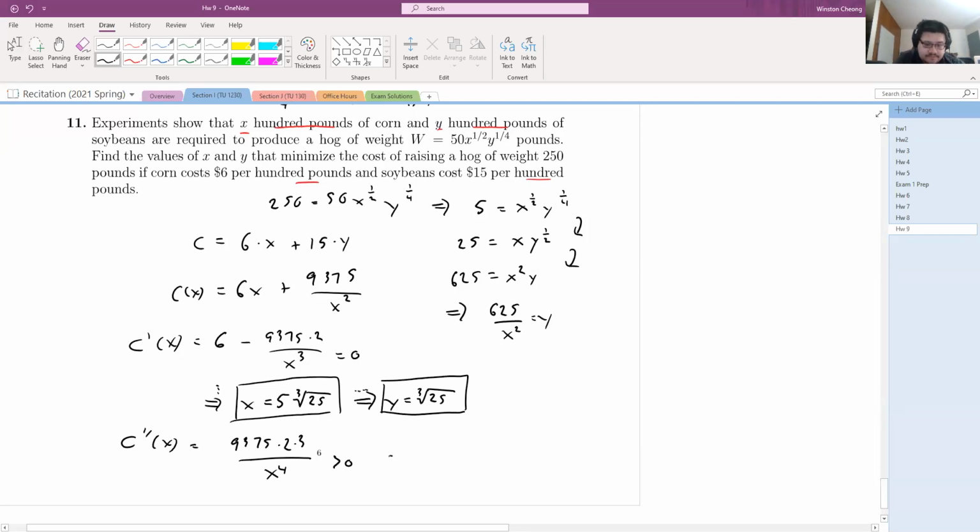And so that will help us conclude it. This tells us that the configuration we found is an absolute minimum. It corresponds to an absolute minimum for the cost function.